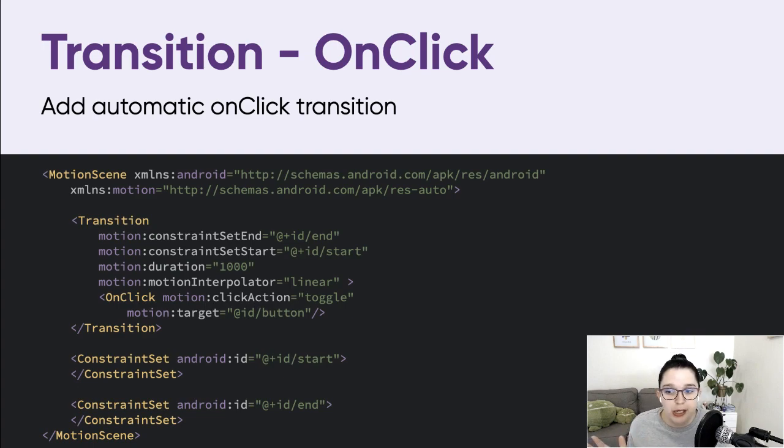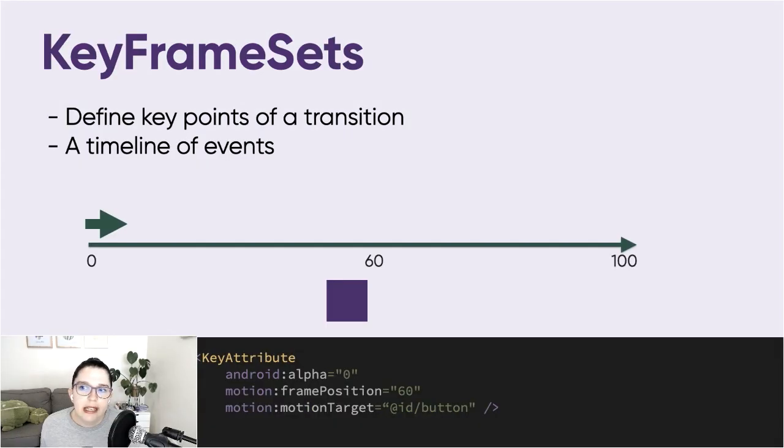So this is pretty much a simple example of what we can do with constraint layout and motion layout and animating between the two. Another deeper thing that we can look at, and we'll show an example in the motion editor, is KeyFrameSets. This is probably one of my favorite features of motion layout. It allows you to define different key points of a transition, and it basically assumes that a timeline of events is happening.